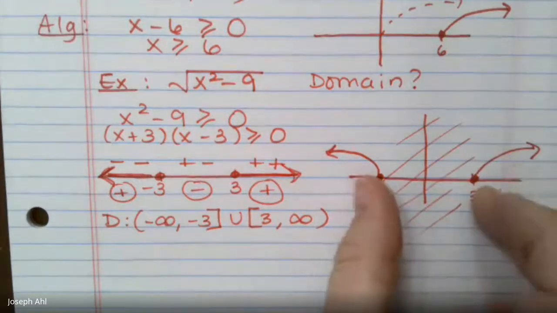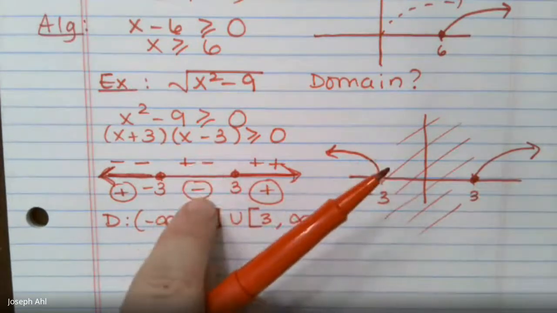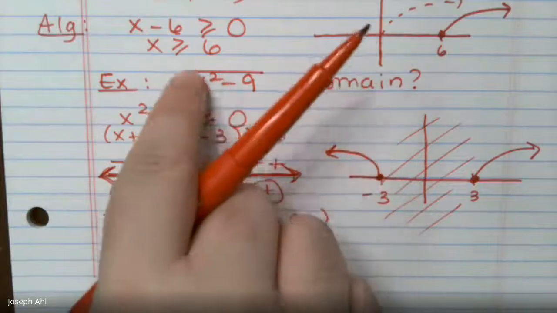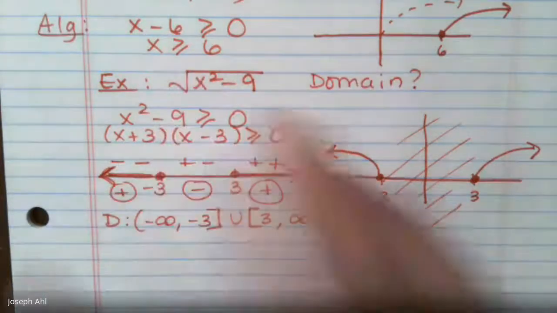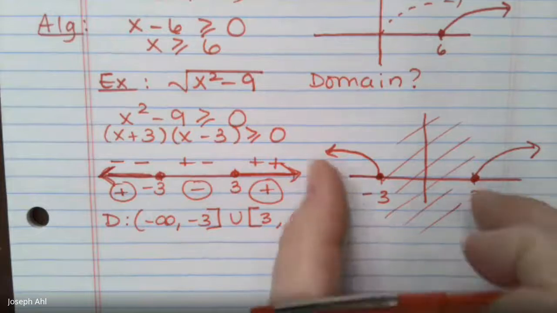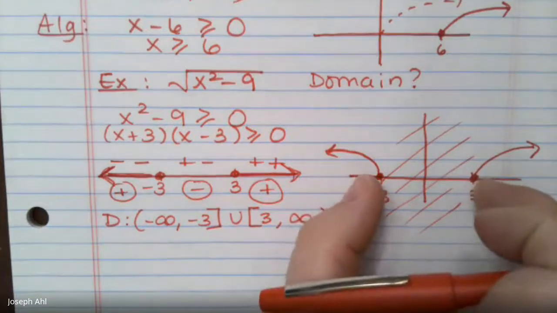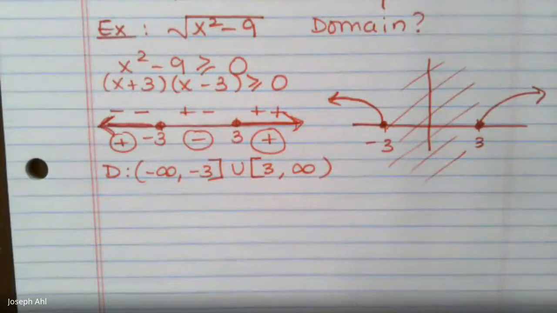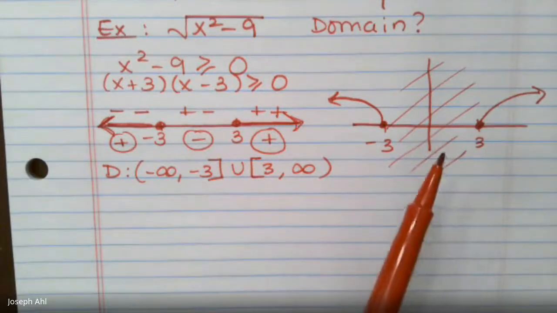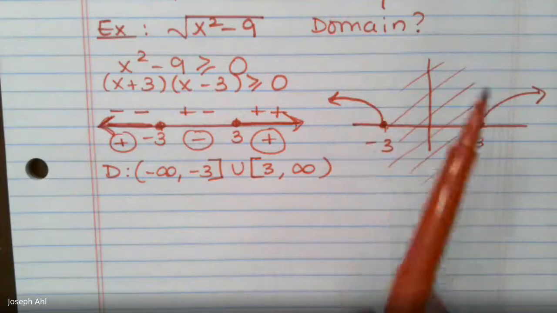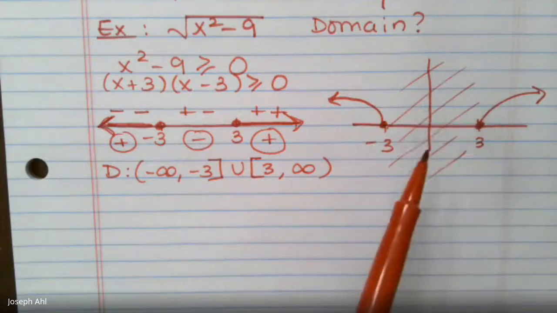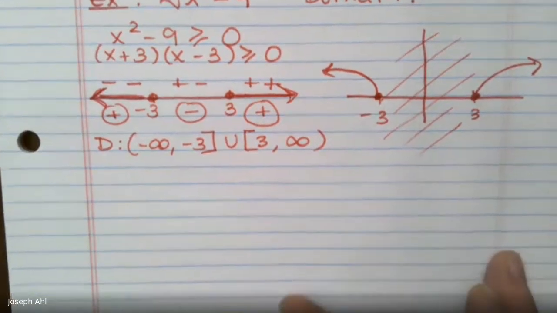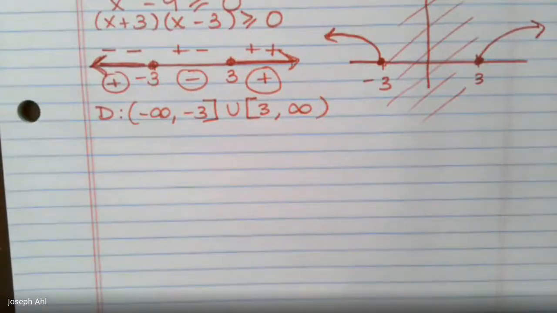There are no x values defined, because if we have something negative here, that means you're taking the square root of a negative number, which is not a real value. So that's why there's literally no part of the graph between -3 and +3. We'll have a fancy name for this eventually. This will be called a restricted region. And we will have restricted regions a lot when we're talking about irrational equations and their sketches.